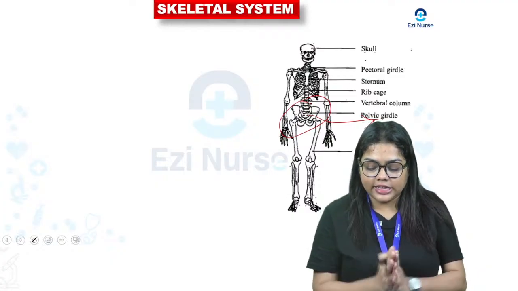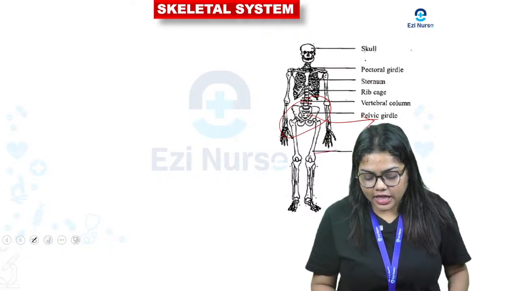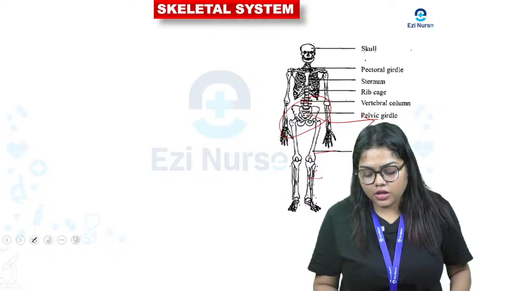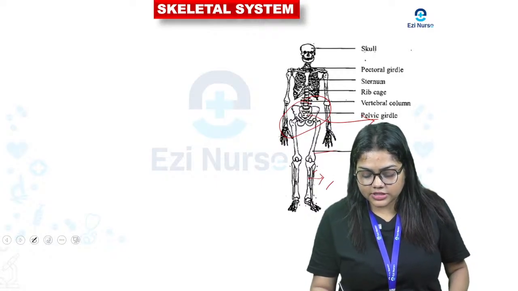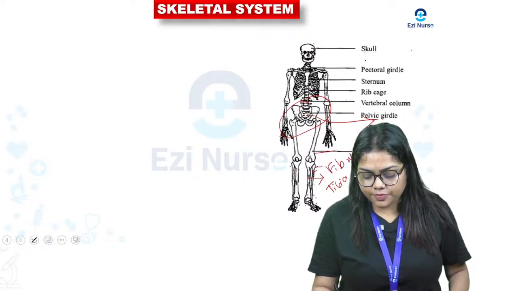Then in the legs we have the femur, tibia and fibula. This is the tibia and the thin bone is the fibula.